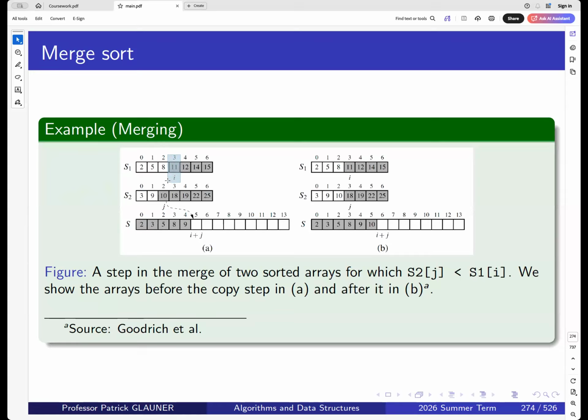So I need to compare this value to this value and take the smaller one and then move the respective index by 1. And the smaller one is 10. So I would put the 10 in here and move this index j from 2 to 3, so it points to the 18. Next, I would take the 11, then the 12, 14, 15, and so forth, and then the rest. So this is the idea of merging.